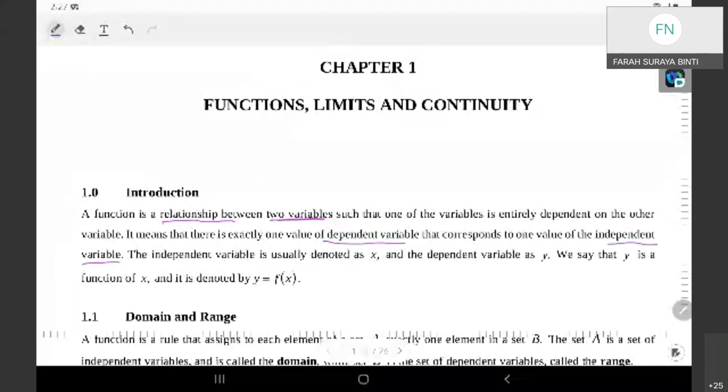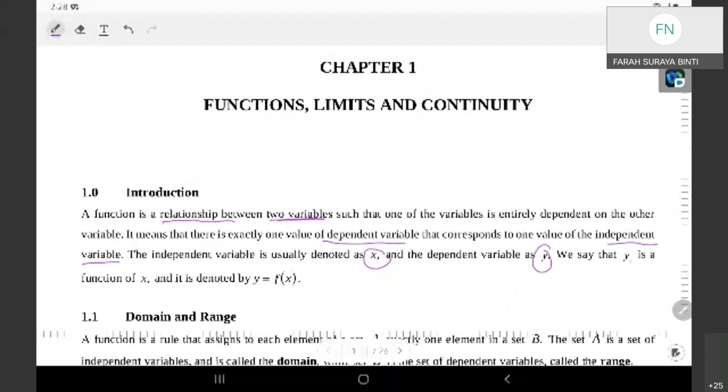Okay, any function will have two variables. The first one is the independent variable and then the second one is the dependent variable. The independent variable is usually denoted as x, and the dependent variable is usually denoted as y.